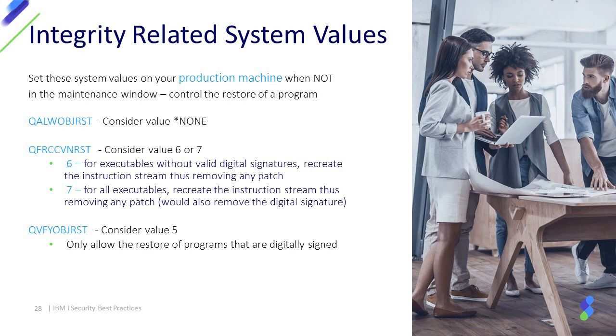The forced conversion restore system value in the middle is used to automatically recreate the entire instruction stream of the program if you're set to value 6 or 7.